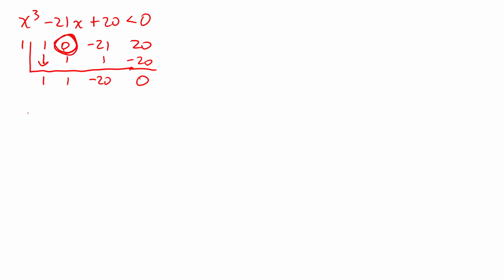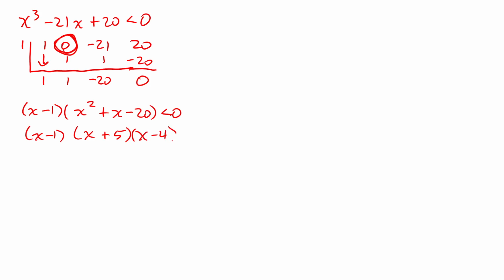You always have to make sure if there's a term missing that you have that placeholder. Well, what we figured out is that we really have x minus 1 and then x squared plus x minus 20 is less than 0. We can factor that trinomial, and we have x plus 5 and x minus 4 is less than 0.